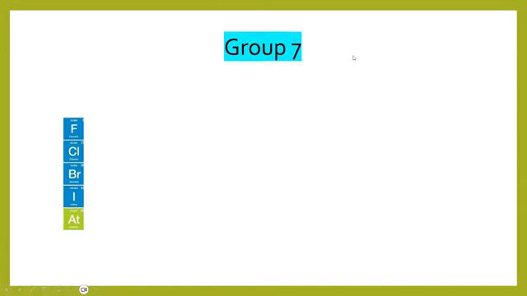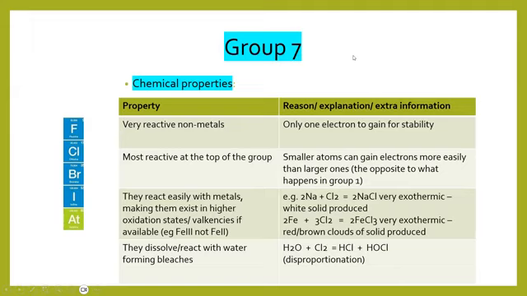They also then need to know about the chemical properties. And again, if you have done electronic arrangements properly, the fact that they only need one electron means that they will be the most reactive nonmetals. And they may then assume that as you go down the group, they get more reactive, just like group 1.